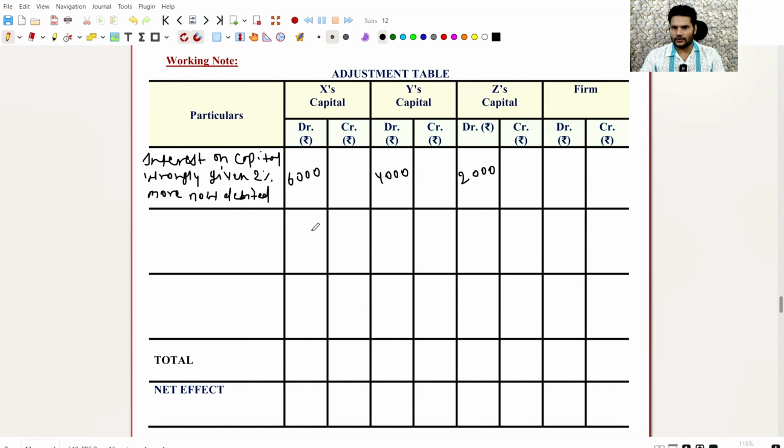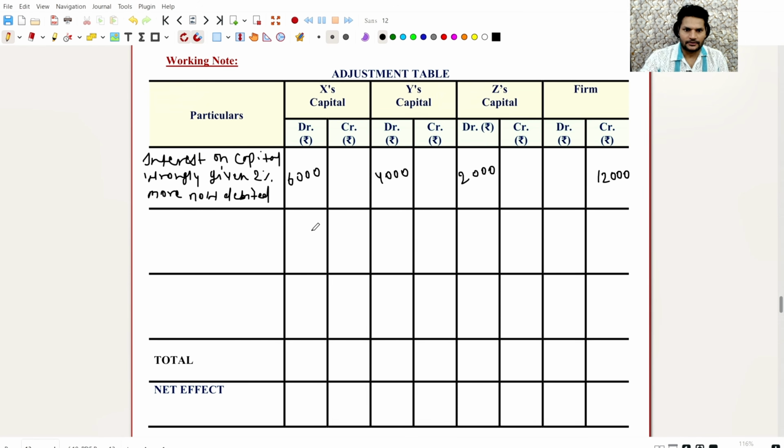In partners' capital accounts that will be debited and in the firm account it will be credited. What is the total value? 6,000, 4,000 and 2,000 give you 12,000. Perfect. Now that 12,000 is income for the firm and the same will be divided between all partners in the profit sharing ratio.